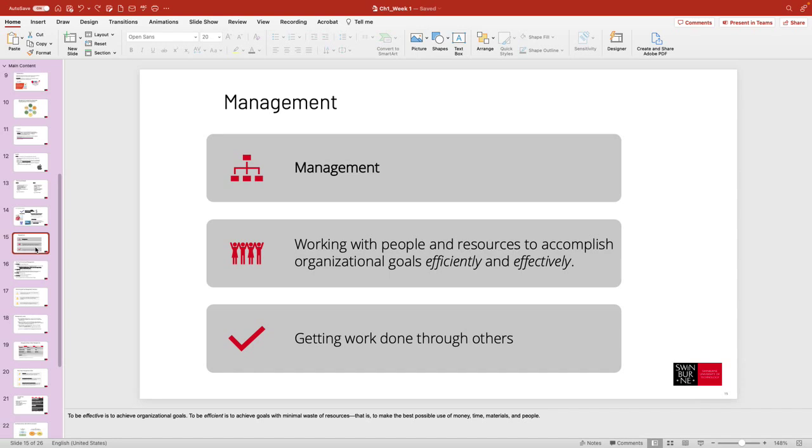That is the responsibility of the manager. Sometimes, yes, you definitely have to work and help other people to get through difficult situations. But when you become a manager, your main responsibility is to manage people and manage resources and tasks within the organization. Then you can achieve organizational goals effectively and efficiently.